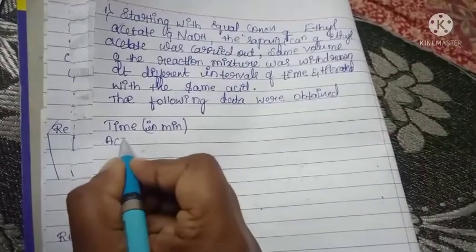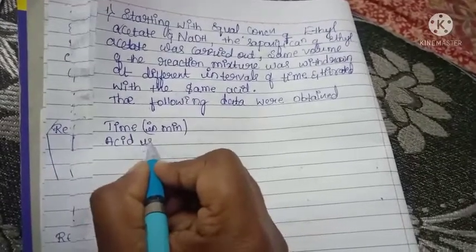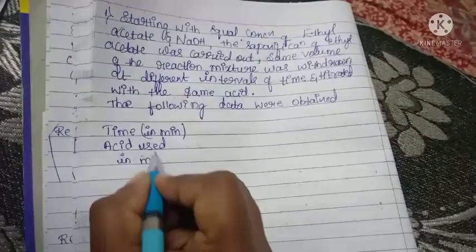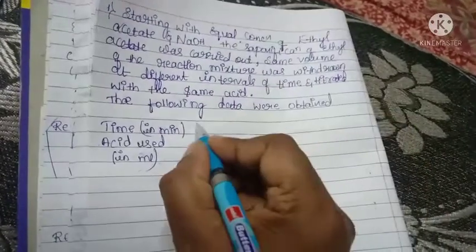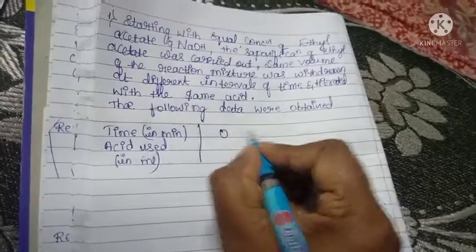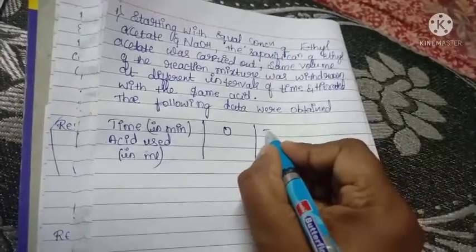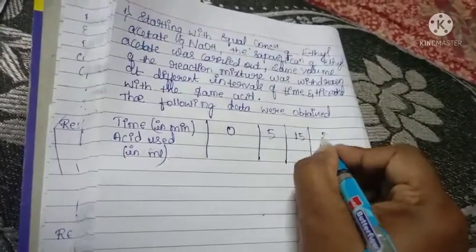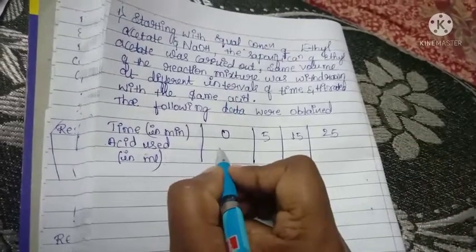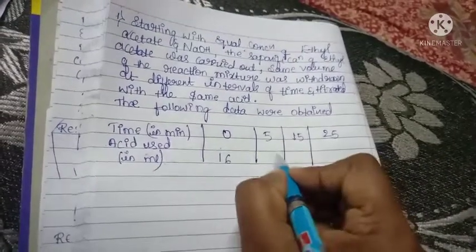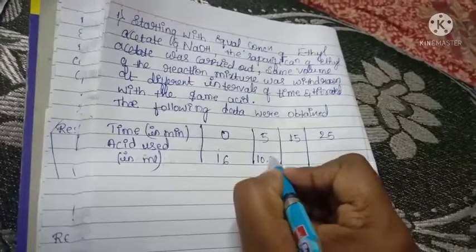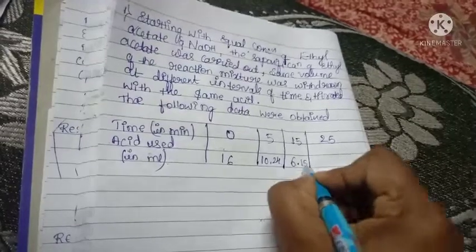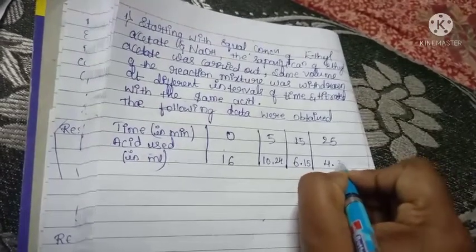And acid used in ml. Okay, whatever units they give, we must mention in the same. And for 0, 5, 15, 25. Okay, for 0 the acid is 16 ml, for 5 minutes 10.24, for 15 minutes 6.15, for 25 minutes 4.32.